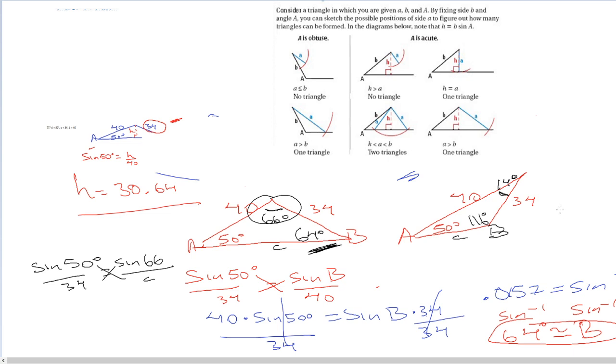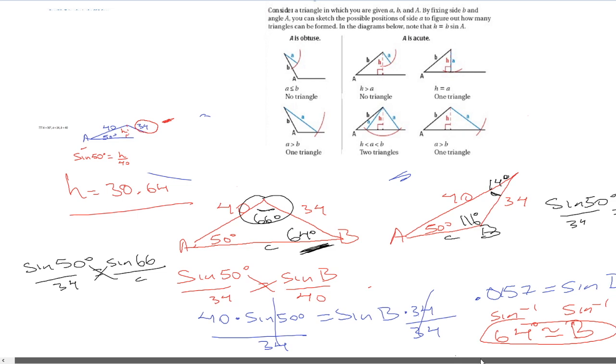And this other side, it's the same idea. Sine of 50 degrees over 34 is equal to sine of 14 degrees. Let me move this slightly to the right.